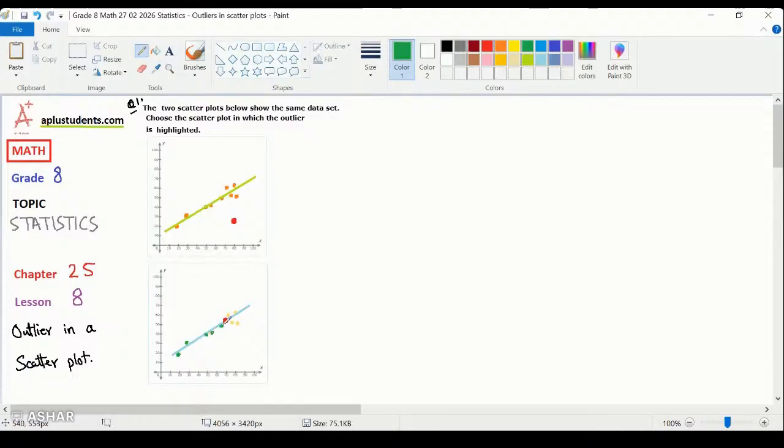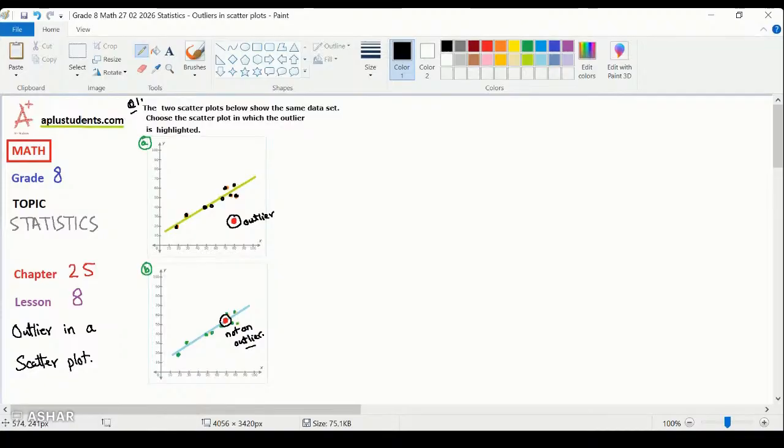So if this is option A and this was option B, the outlier, this point is not an outlier. Agreed, because it lies on the line. But in option A, this point is the outlier because it is not following the trend of the line. It is far away from the line. Agreed?